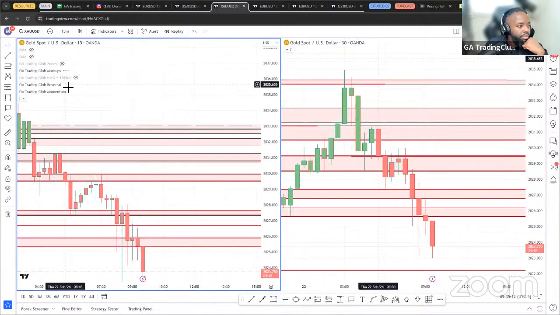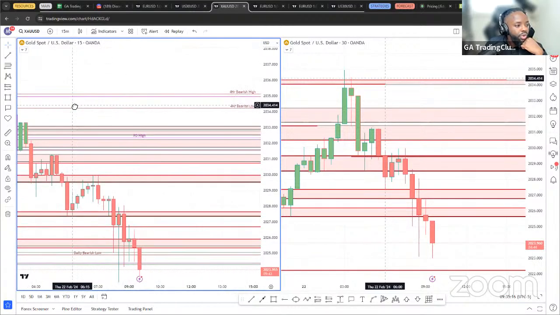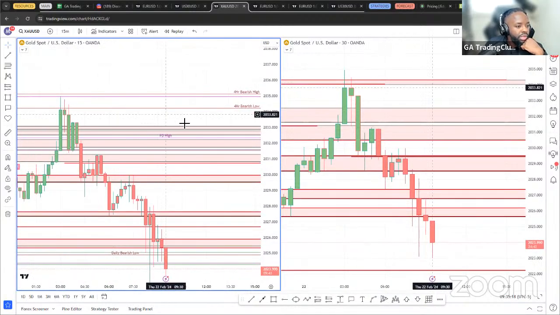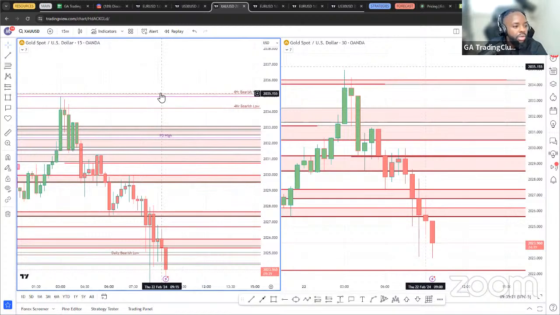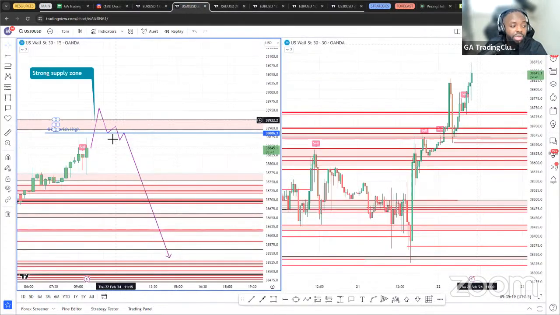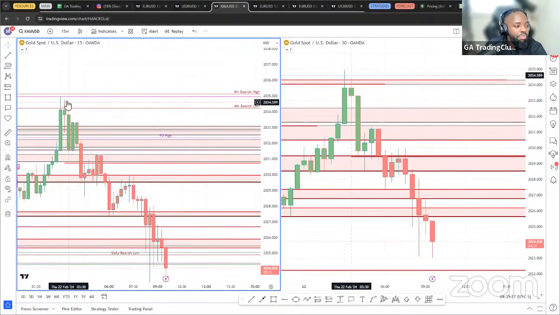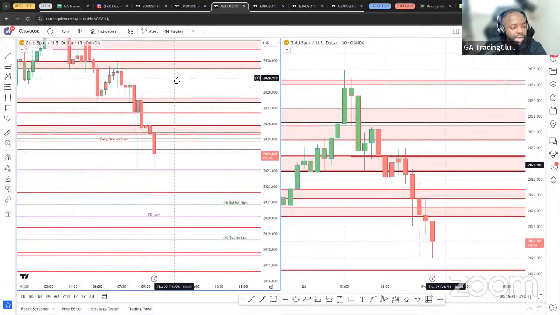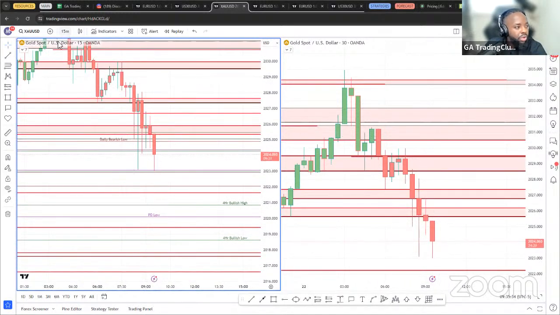If I turn on the markups indicator, it should load. That's where gold exactly went, to that region. Look at that, this 4-hour bearish order block, right? This is the same thing we're expecting with US 30 here. We have the 4-hour bearish high here, but gold picked up liquidity from this 4-hour bearish high and melted to the downside, and now it's triggering that daily bearish low.